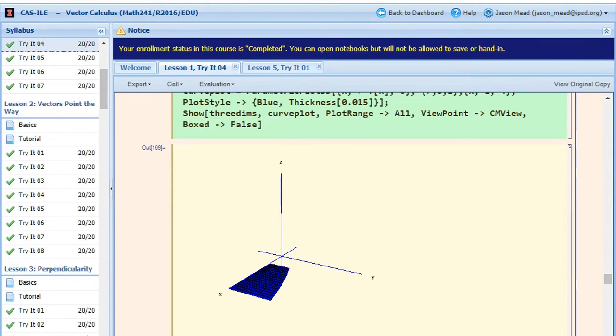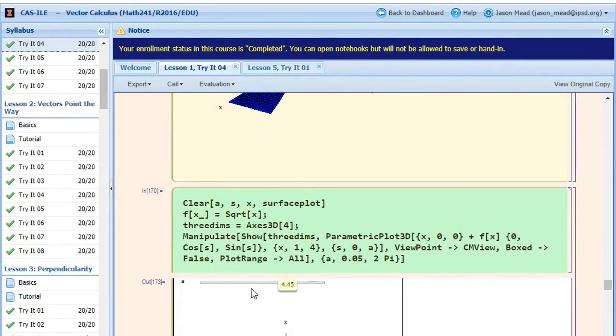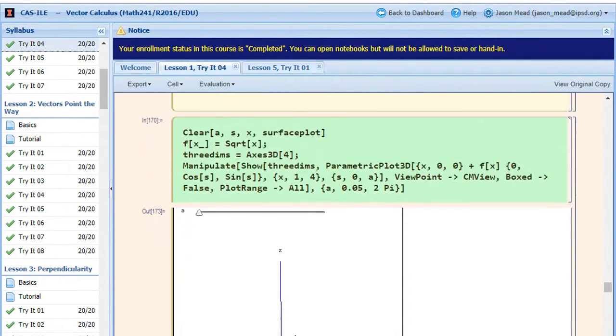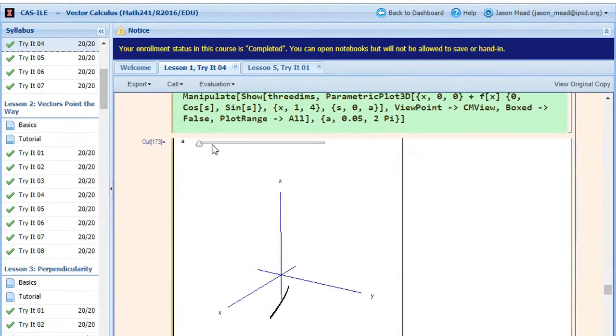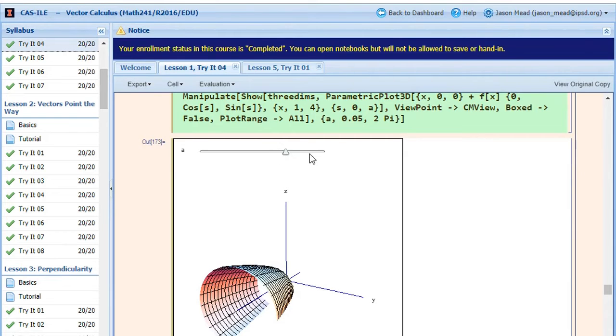I did that just so that you can see what's going on in 3D. Plus, when you get to college and you have to do 3D graphs, a lot of times it's going to look like this anyway, so you might as well get used to it. And then if I take that and I rotate this around the axis, I end up with something that looks like a lampshade when I'm all done, but it would be entirely filled in.